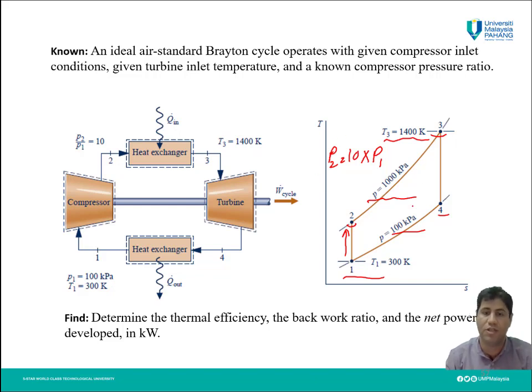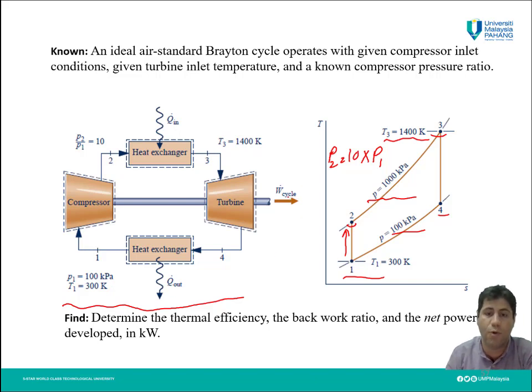So we have this temperature as well. Pressures, temperatures, and also you know for the Brayton cycle that we have this configuration actually, these components. We have compressor, we have turbine, we have heat exchanger for heat gain, and we have heat exchanger for heat rejection.